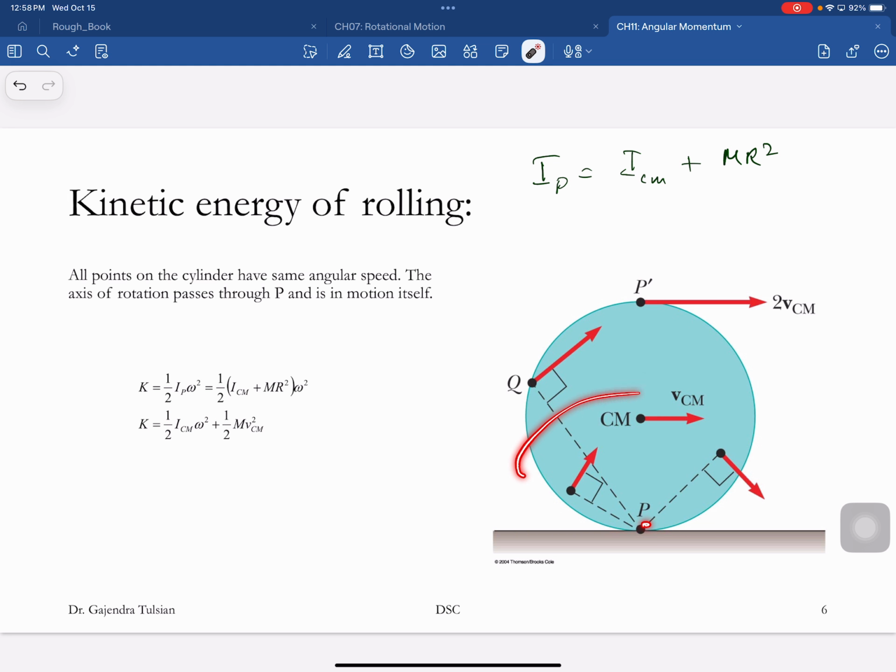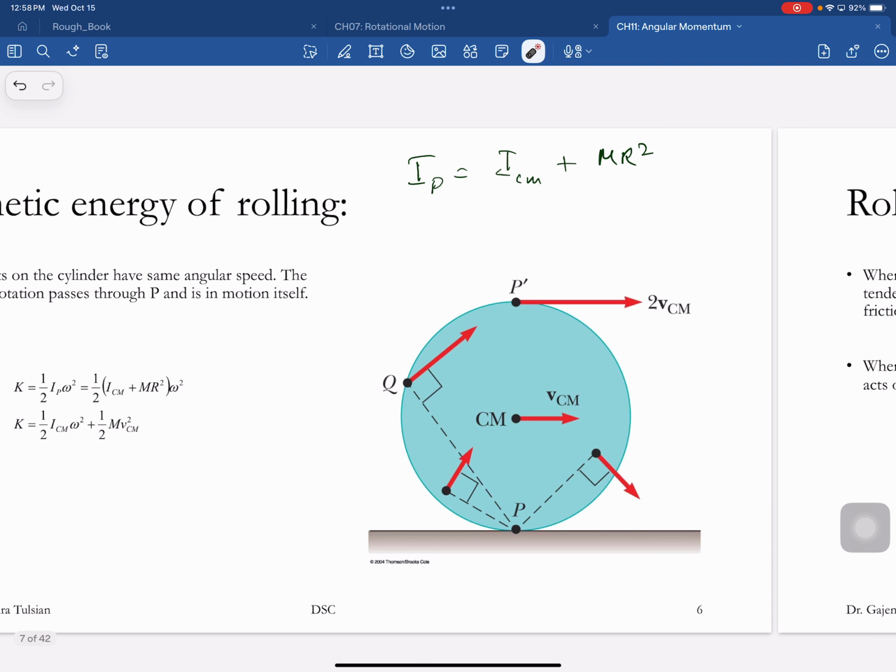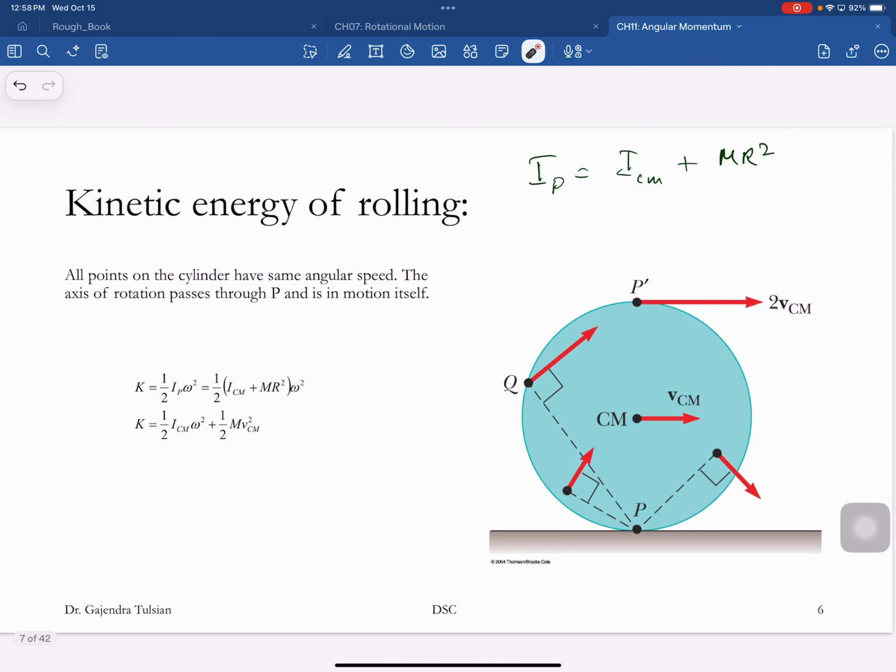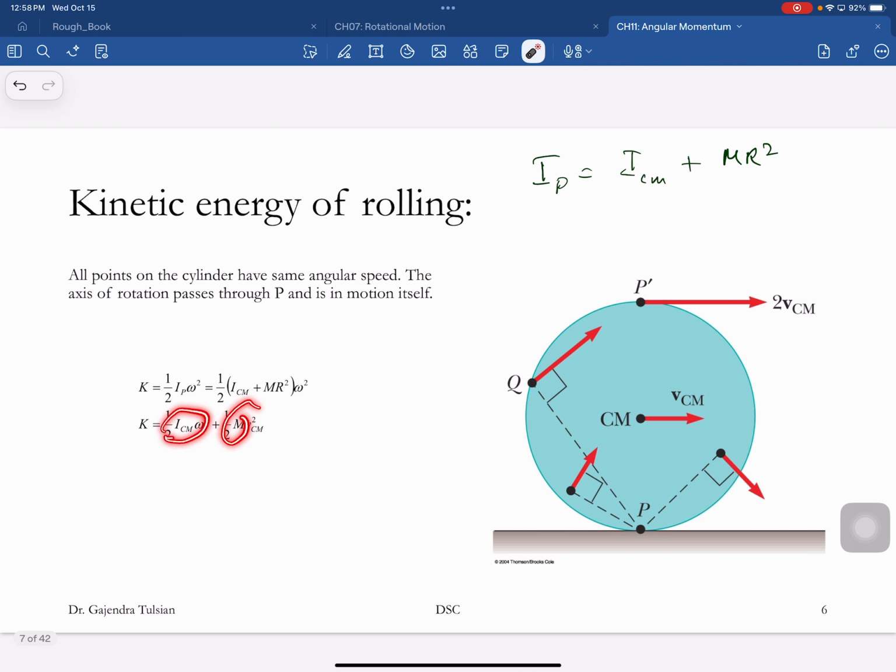So the kinetic energy of the rolling motion is the kinetic energy of pure rotation plus the kinetic energy of pure translation. And the V center of mass was r times omega. So V center of mass squared is r squared omega squared. All right, so this formula just shows you, again, that rolling motion is pure rotation plus pure translation.